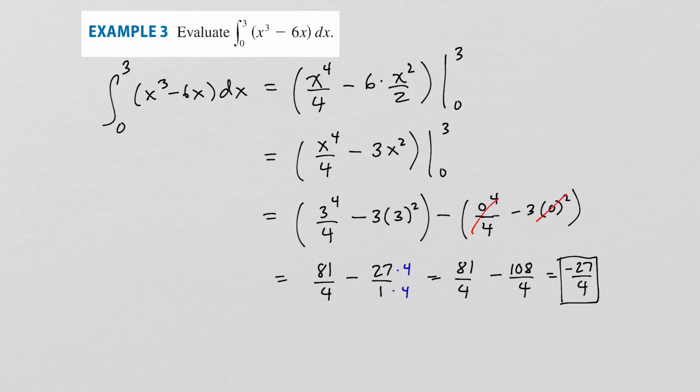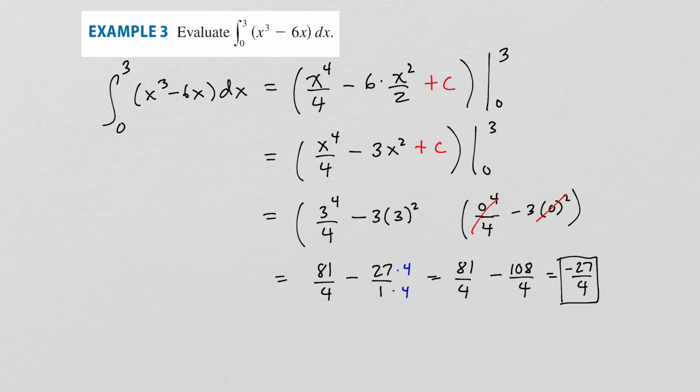Now, let's go back and talk about why you don't need to put plus c. Let's suppose you did put plus c on your antiderivative. No harm there. And now I simplify it. And now when I plug in 3, I'm going to get the same thing here, but I'm going to have plus c attached there, minus, and then when I do the second part, plugging in 0, I will have plus c attached here.